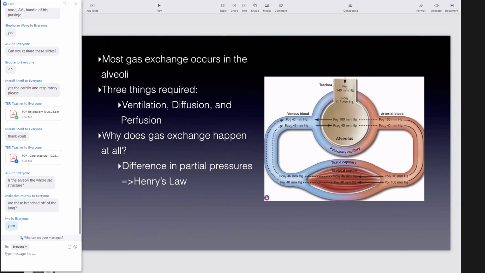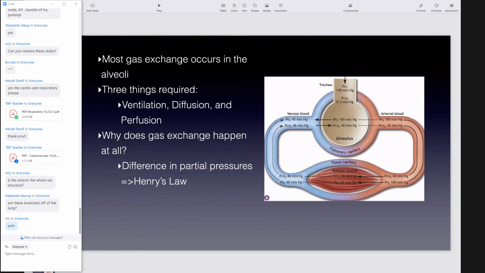And that's what it is in the alveoli. When we breathe in, the air has a partial pressure of oxygen of 149 millimeters of mercury. The air that we breathe in has a partial pressure of CO2 of 0.3. So the air that we breathe in is a lot more oxygen than carbon dioxide.